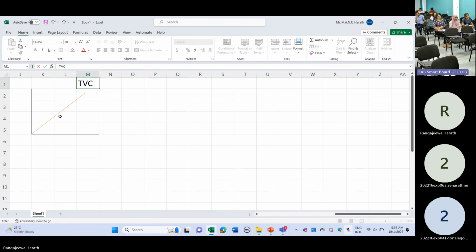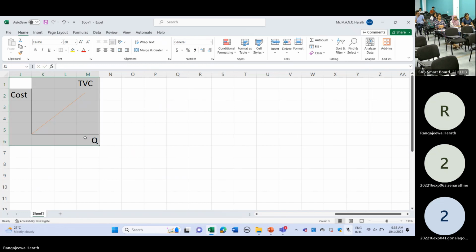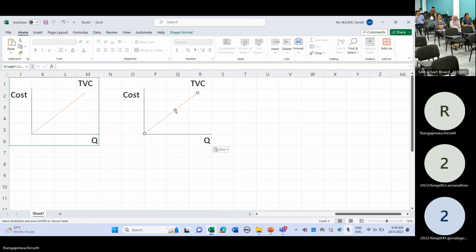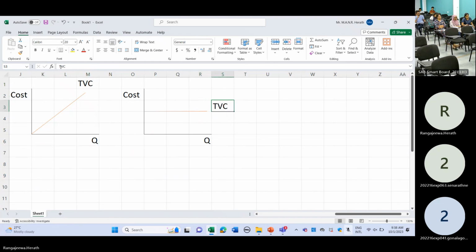Total variable cost varies as the number of units increases. So this is quantity, and this is cost. This is the behavior of the total variable cost. Fixed cost is like this: whatever the units of output, it remains constant.